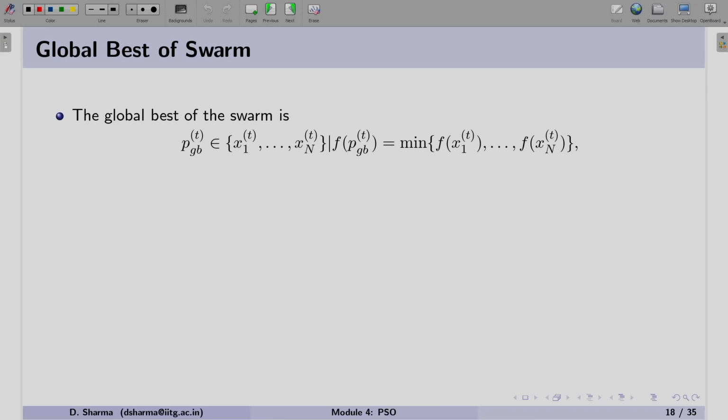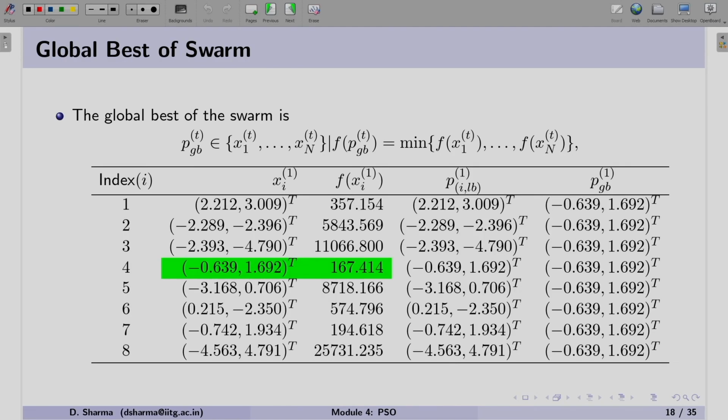Now, once we have calculated the local best of each particle, we have to find the global best of the swarm. As we know from the formula given here, we take the fitness of each particle's local best. Among those fitness values, the global best picks the local best having the minimum fitness value.